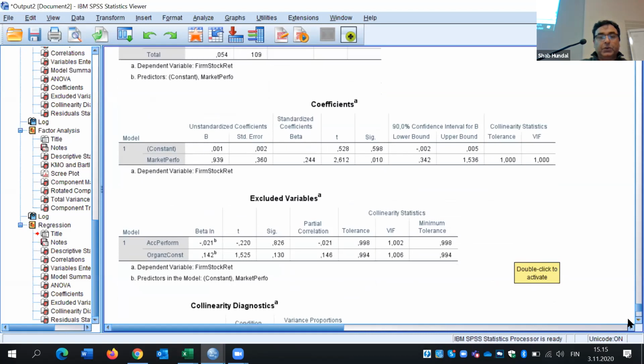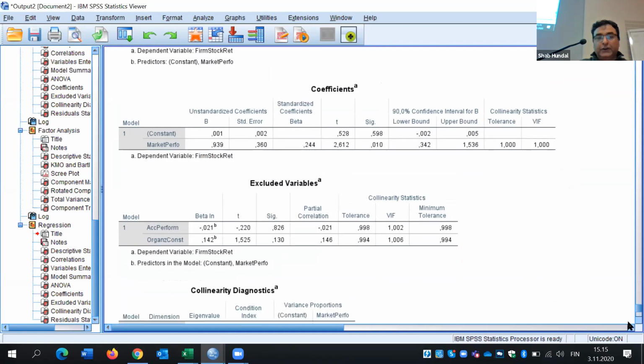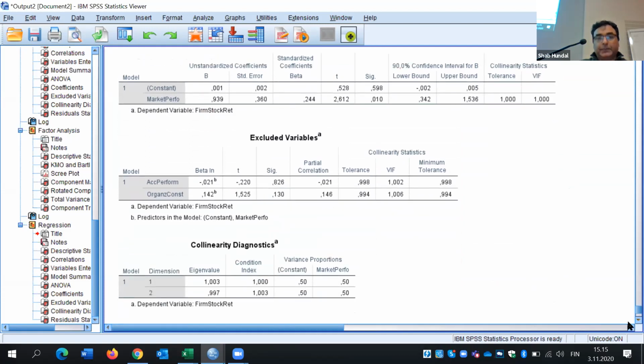Coefficients, basically we have only one construct, which is our stock return, which is significant. Accounting performance and the organizational constructs play no role at all.